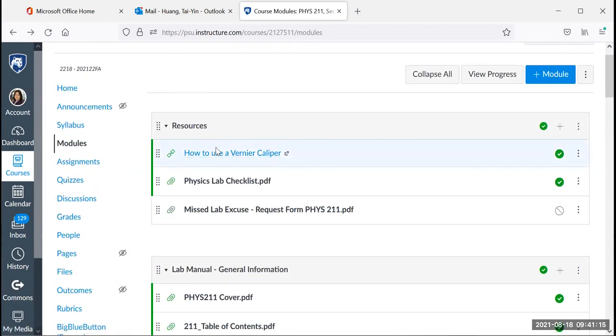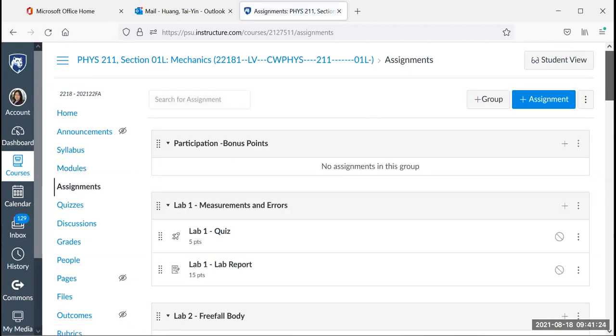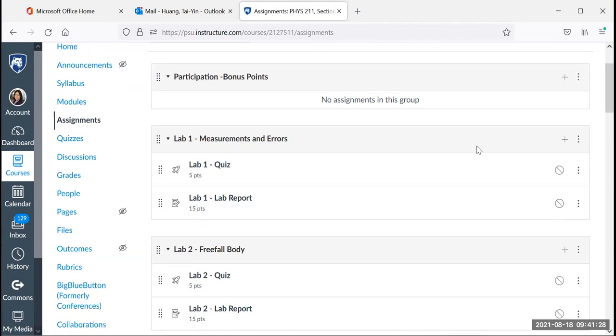Okay. All right. So where can you find the quiz and where to submit the report? Let me click on the assignments. When they are ready, they will be published, so they'll be visible to you. But right now, it is not visible to you. So your lab one, that's measurement and errors, and for each lab quiz I will give you 10 minutes. So it is a timed quiz. I will give you 10 minutes to complete the lab quiz.